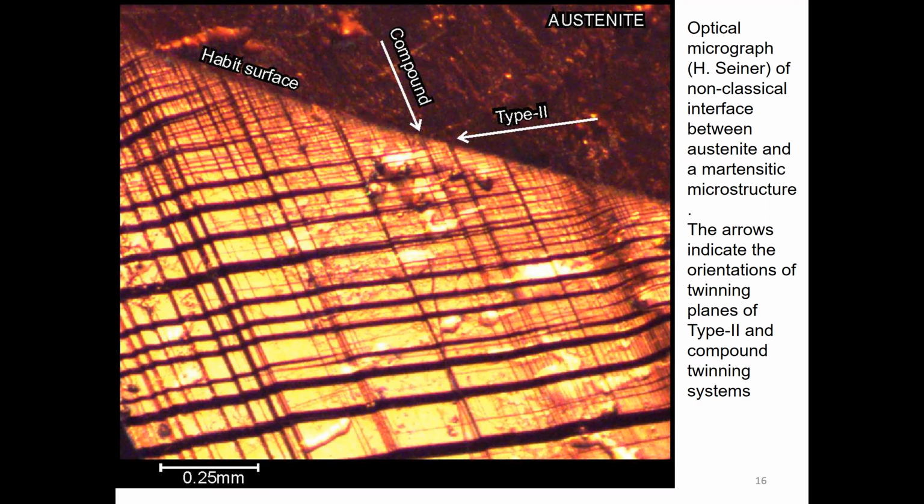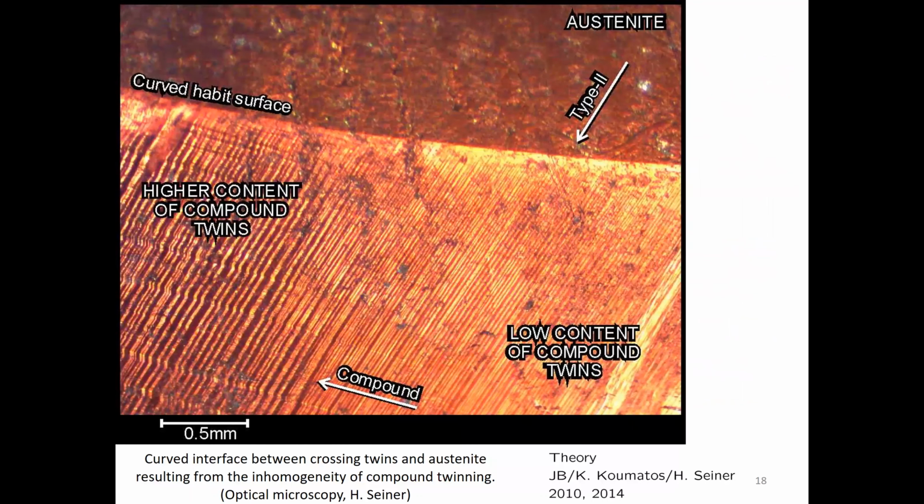So these are the pictures that he showed. Up here we have the austenite, and here we have a double laminate of the martensite. Here's an even better picture. So this is this non-classical interface, austenite down here, and a double laminate of martensite. And by varying the volume fraction of the double laminate, you can even make the surface curved.